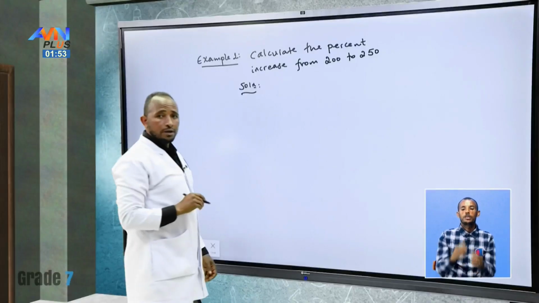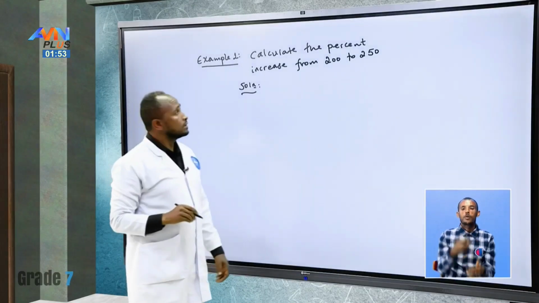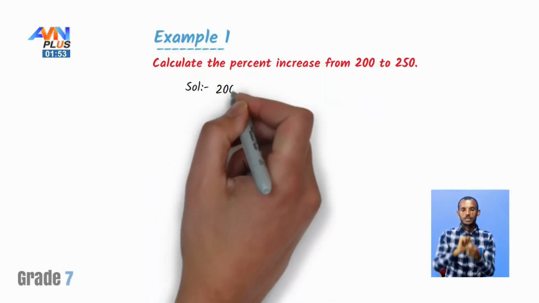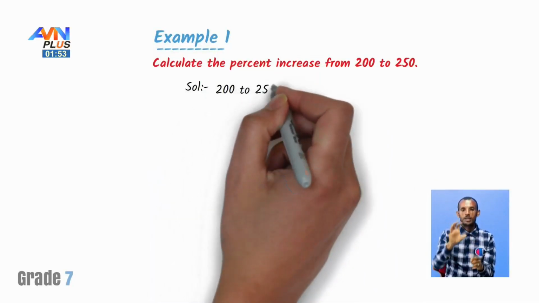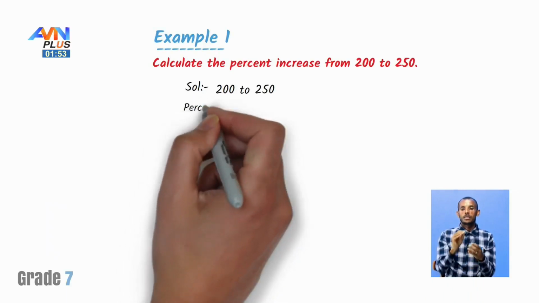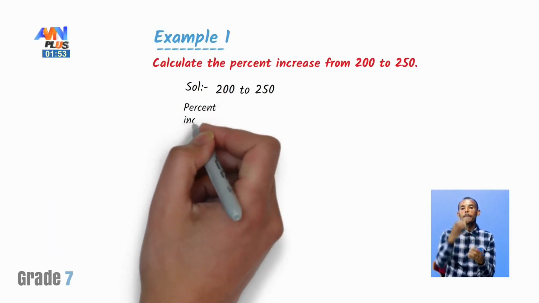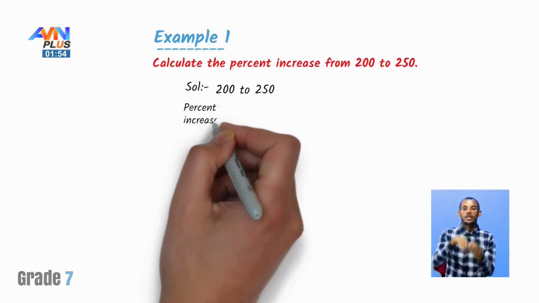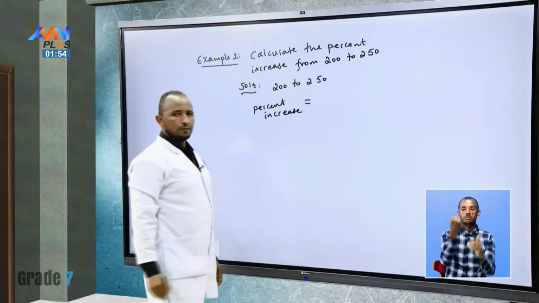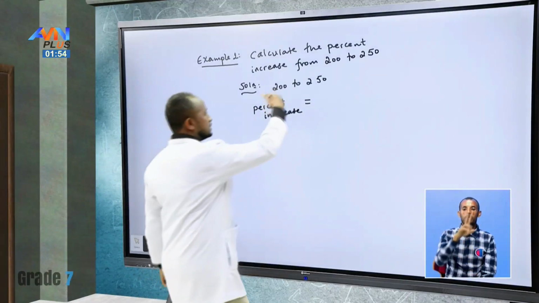The number is changed from 200 to 250. So percent increase is equal to the increased amount.